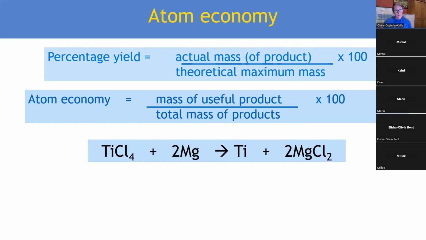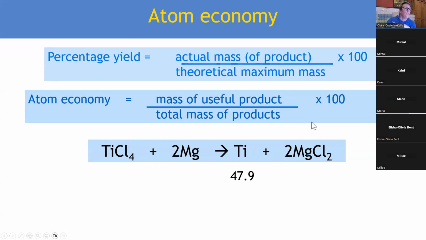So if I had this as a method of extracting titanium from titanium chloride, so I want pure titanium. The product I want is going to be told to you in the question. What is the useful product? You're not expected to know which one I was trying to make. It will tell you.